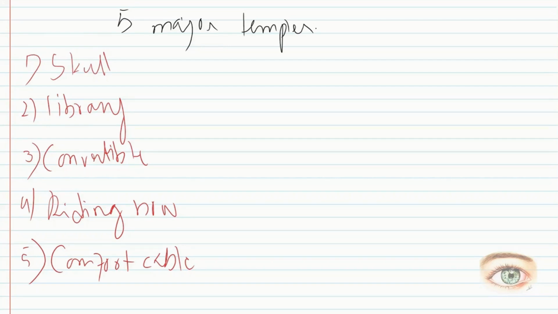The skull one is the most classic one. The thickness of the shaft decreases posteriorly and is thinnest at the bend, and then again it increases at the earpiece. The library does not consist of any bend. Instead, the thickness of the shaft decreases posteriorly, and it holds the frame front in front of our eyes by pressing against the side of the head.